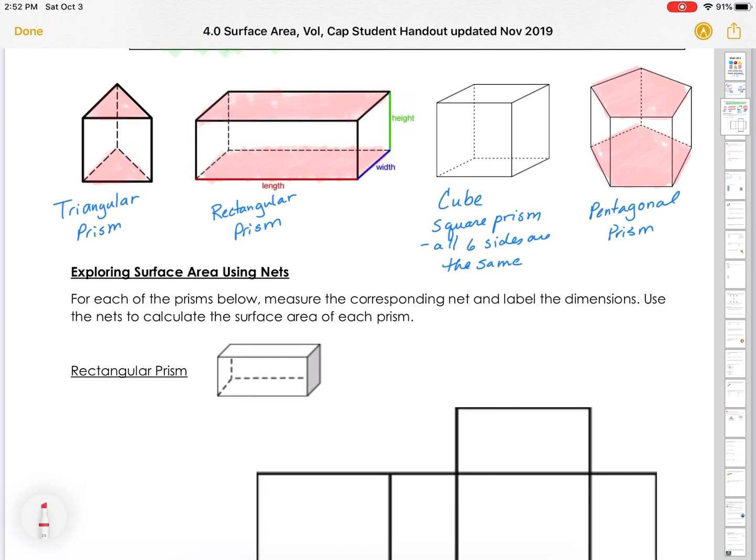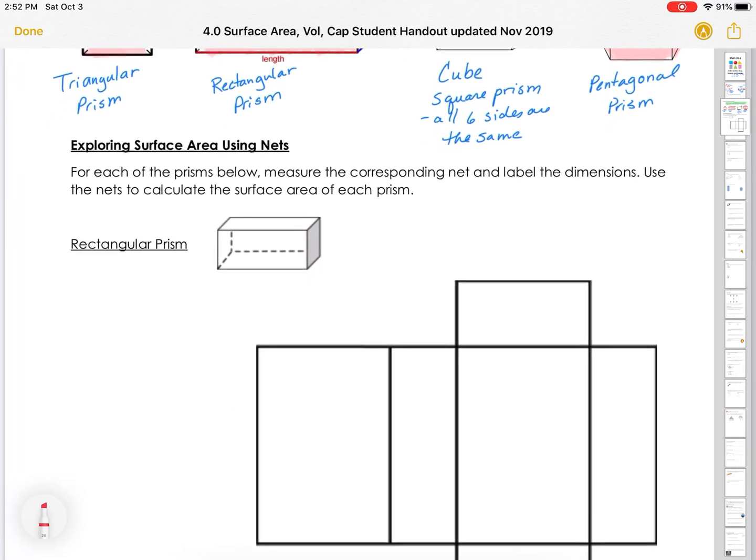I like coloring them to kind of map out what I have, but you can do another thing, and we would do this actually if we were in class. We would actually cut these out and find our nets, okay? Nets are a way to imagine the shape if you cut all the sides and flattened it out, right?